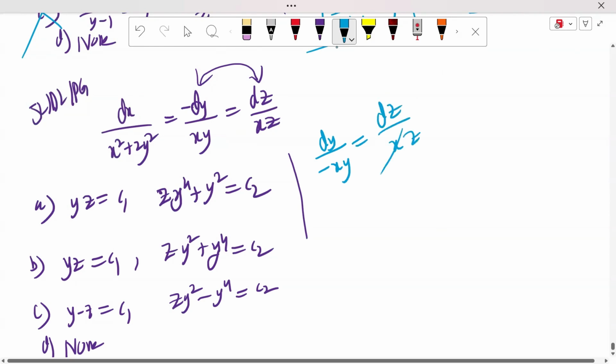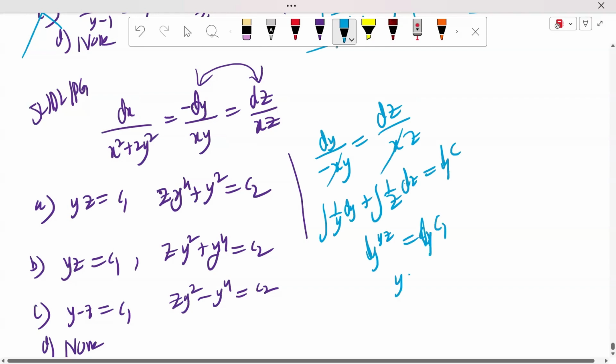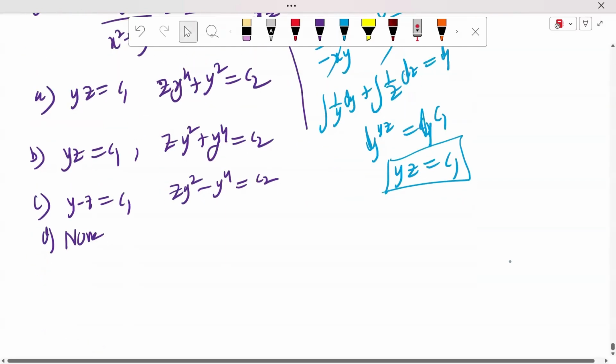So here x cancels. The remaining term is integration 1 by y dy plus integration 1 by z dz is equal to log c. So finally log yz is equal to log c1. It is yz is equal to c1, one of the solutions. Where is the yz, sir? Option A and option B contain yz. Option C is the wrong option.